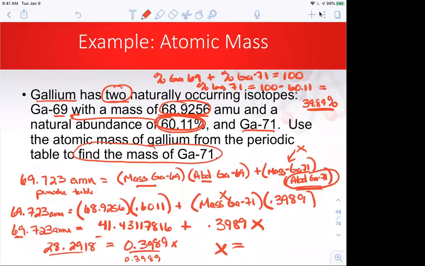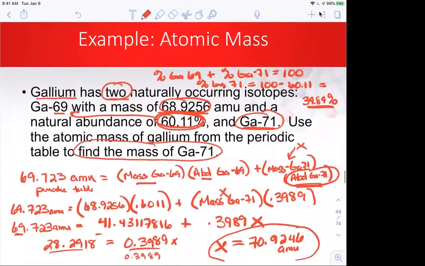And what I get there is 70.92. I want to go to 6 significant figures, so 70.9246 AMU. This is my answer. That's the mass of gallium-71.